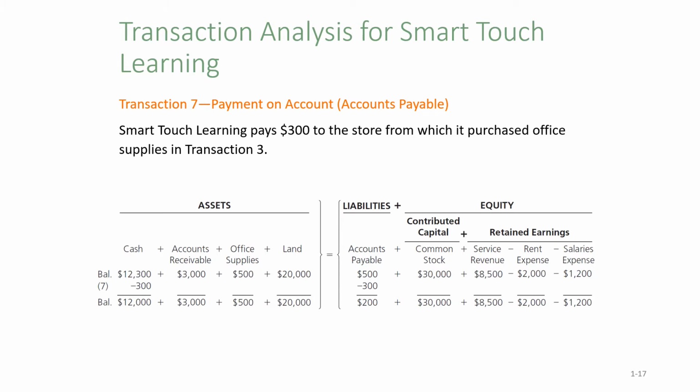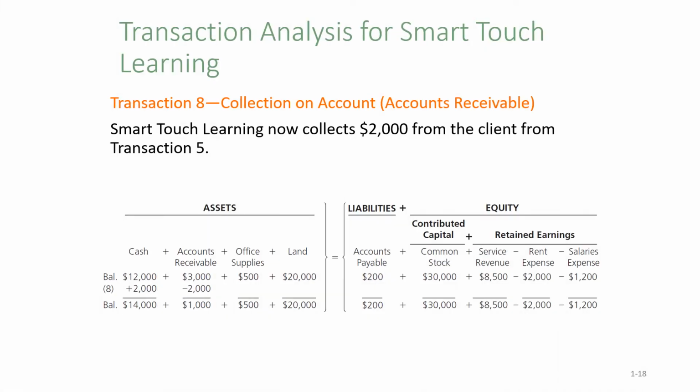We still owe $200, but you'll note in this example that we have reduced the amount of our liability. And again, for the accounting equation, we've also reduced the amount of cash that we have on hand. So you'll note in this example, it's again the accounts payable because we are the ones that are paying off our liability on account.